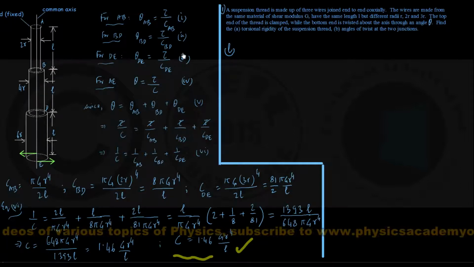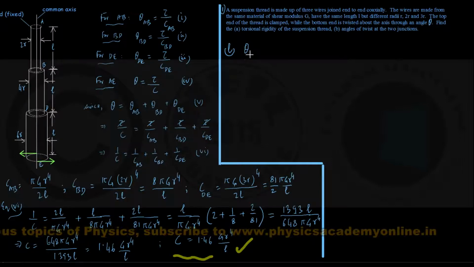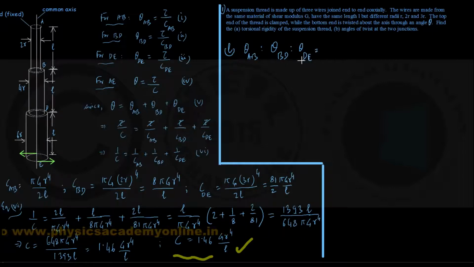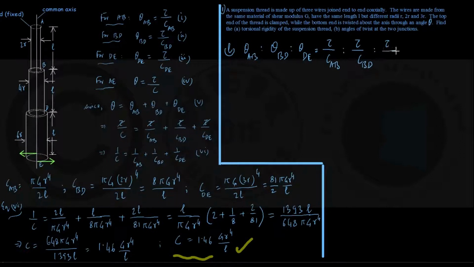So see, referring to my equations 1, 2 and 3, I could write down the ratio of the angles of twist in these three wires AB, BD and DE. That is theta AB is to theta BD is to theta DE, coming out to be torque, that is tau divided by CAB is to tau by CBD is to tau by CDE.